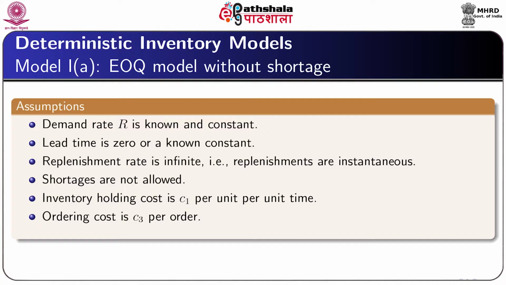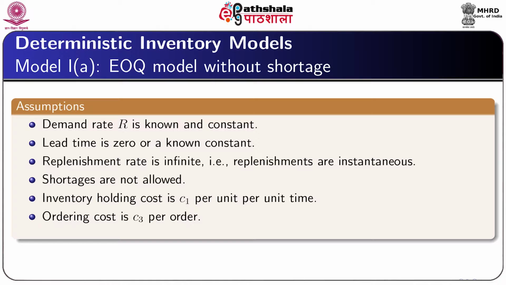Now, we develop the first model, that is model 1A, which is the EOQ model without shortage. This is a deterministic inventory model. The assumptions of the model are as follows. We assume that the demand rate R is known and constant.